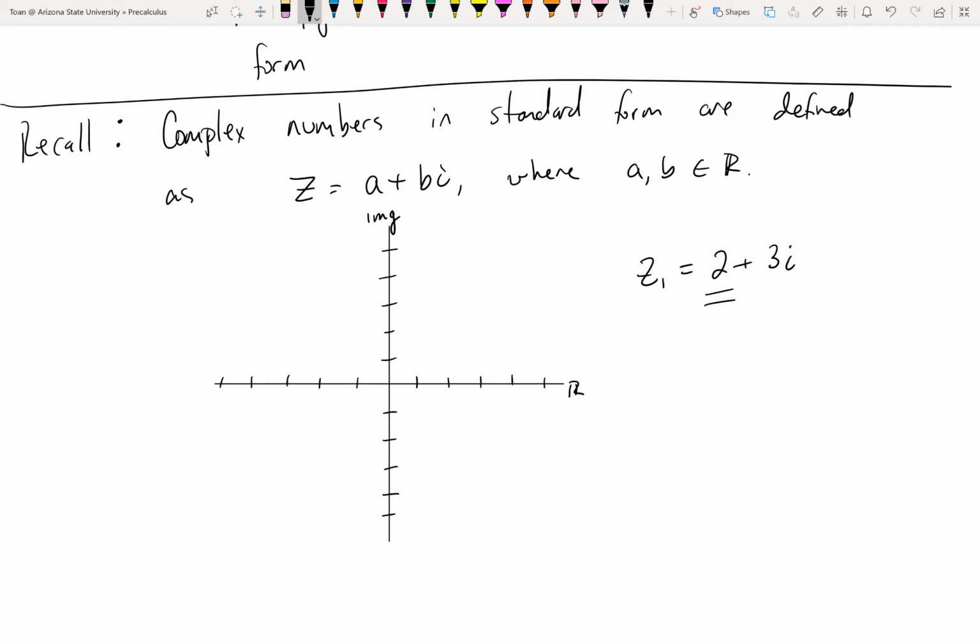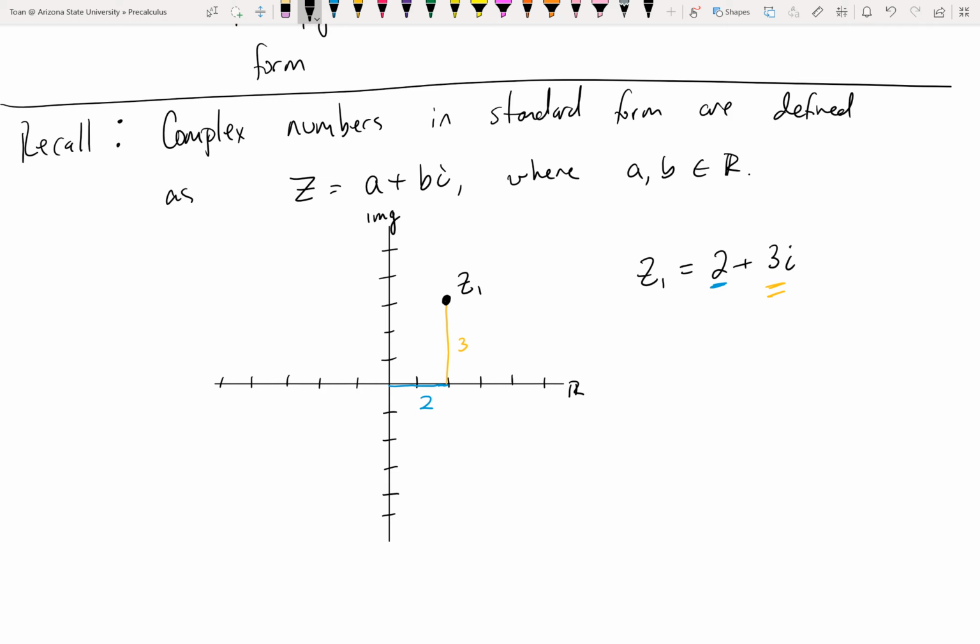On the real number line, I'll go to 2 spaces, and on the imaginary number line, I'll go to 3 spaces. So this location here is the location of the complex number 2 plus 3i.